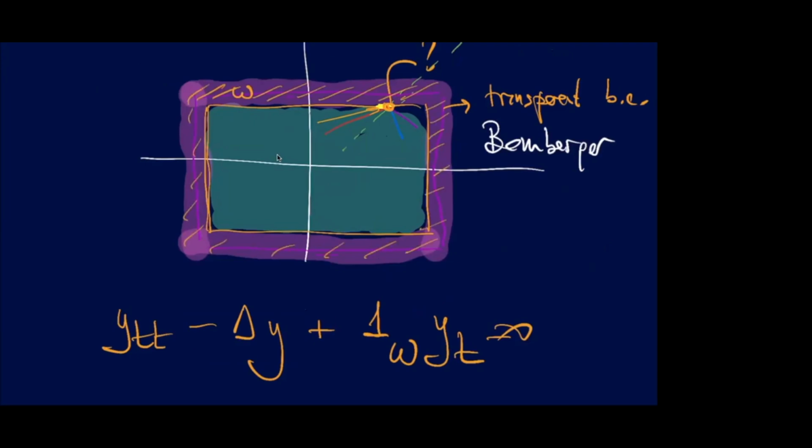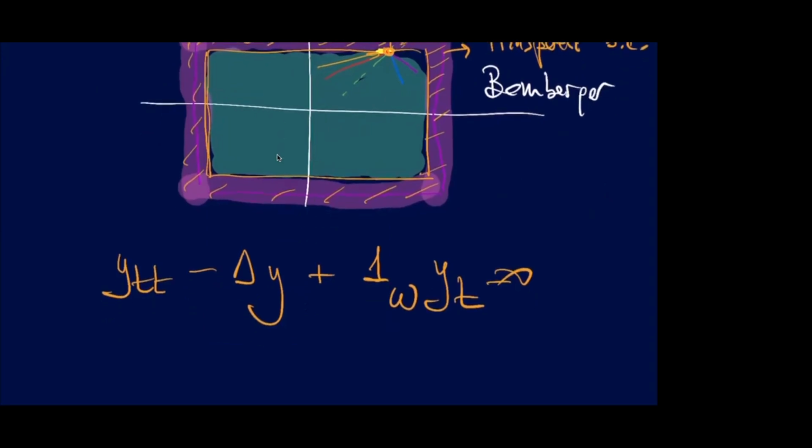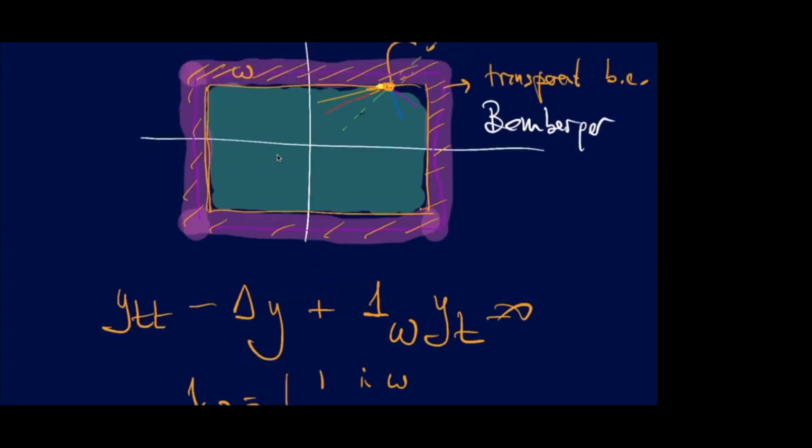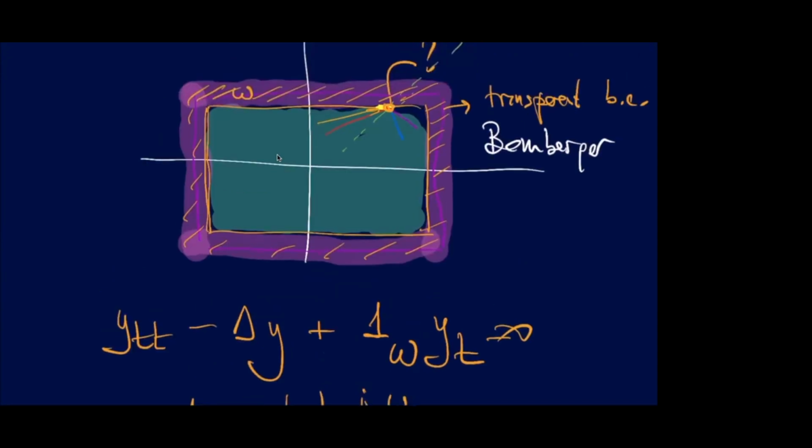So what is the phenomena then I expect? Recall that 1 over omega is 1 in omega and 0 outside omega. So what is this wave equation doing when evolving according to this dissipative wave equation?